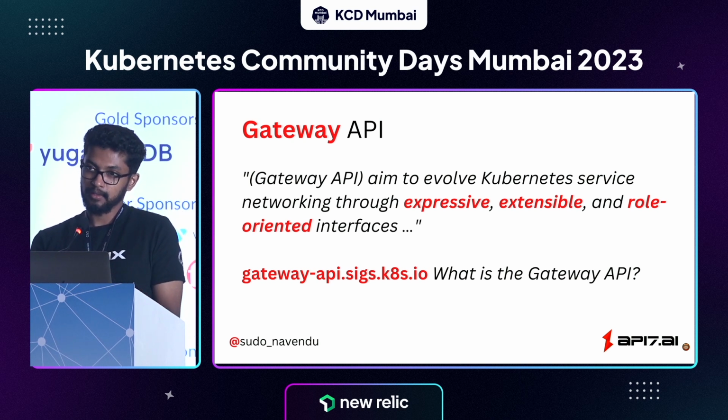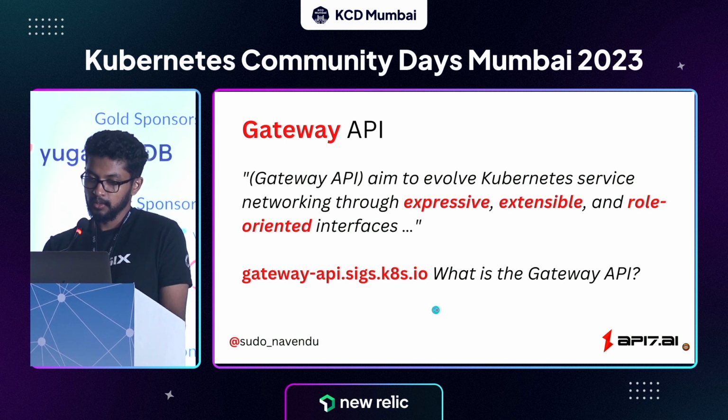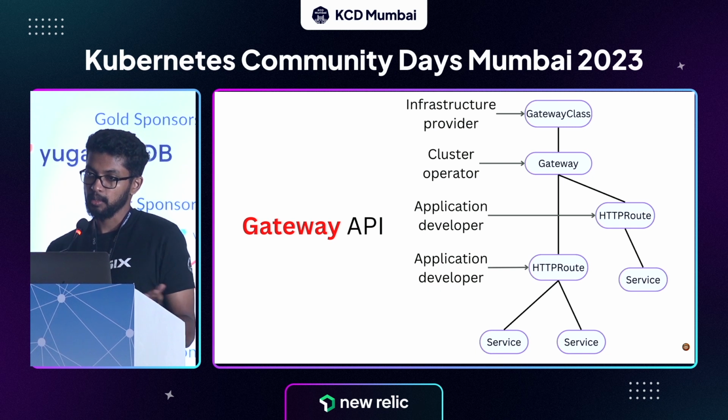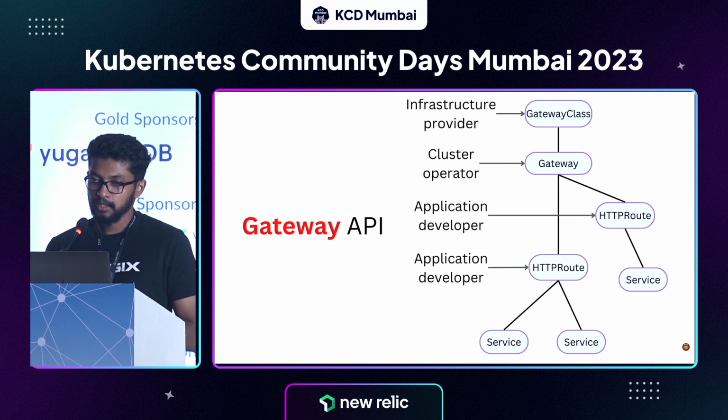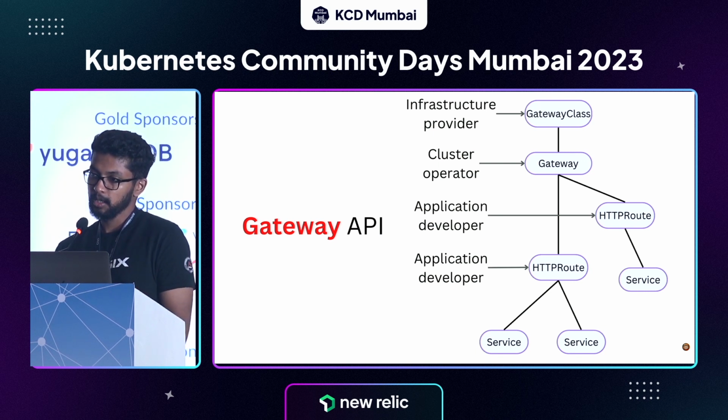It aims to provide a standard way to extend new features to the Gateway API, and it is also role-oriented, which means that multiple people can work with the API. So if you are an application developer and you are using a shared cluster, you just have to worry about creating the routes. A cluster operator can manage the gateway, they can set up policies, and they can also give you the freedom to work with your application and create routes on your own.